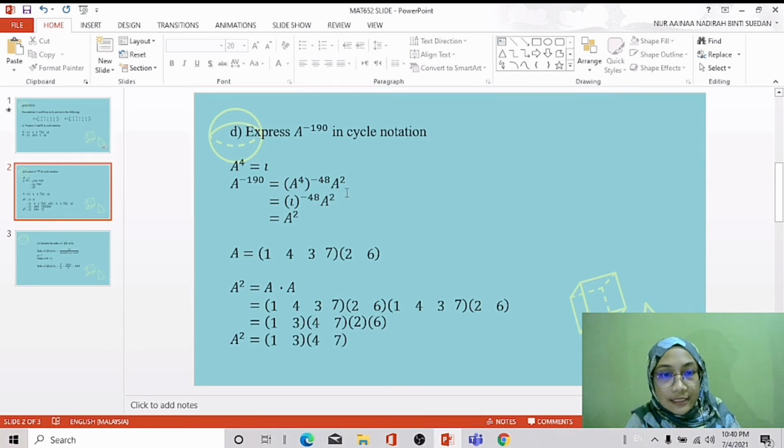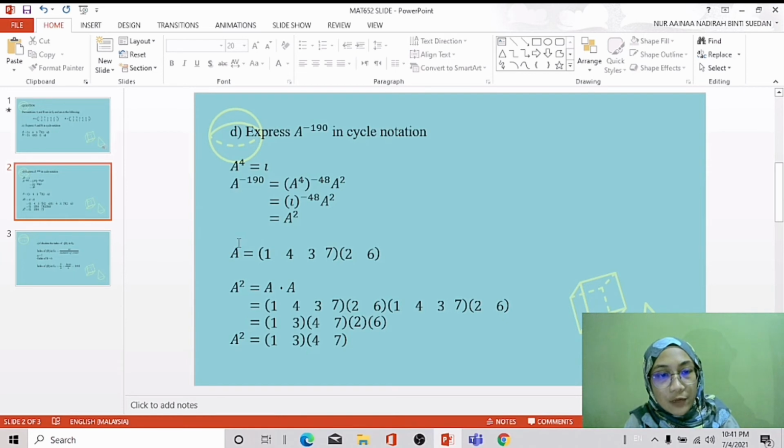Here we do indices, where 4 times negative 48 plus 2 gives negative 190. Since A to the power of 4 equals iota, iota to the power of negative 48 is the identity, times A squared. So A to the power of negative 190 equals A squared.